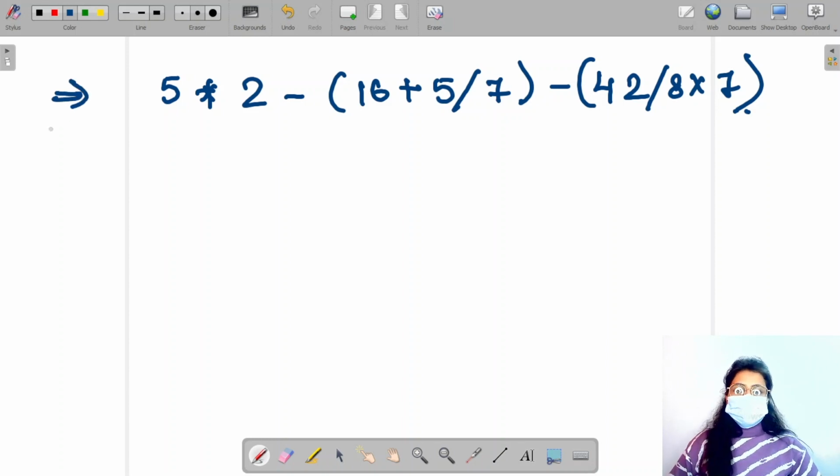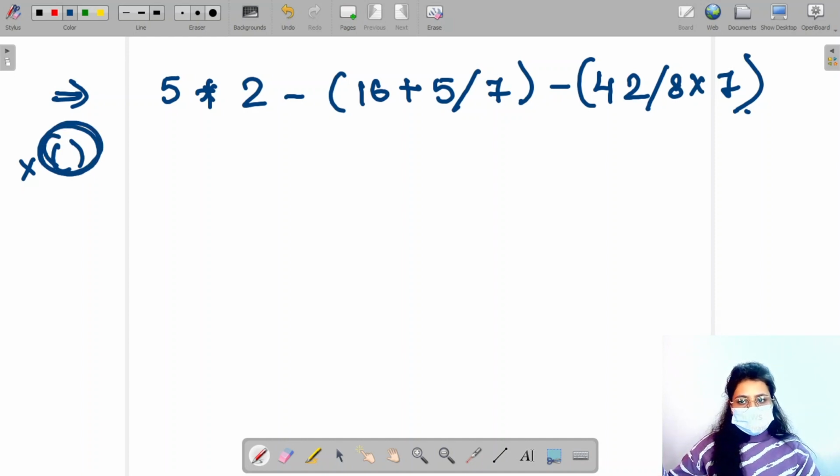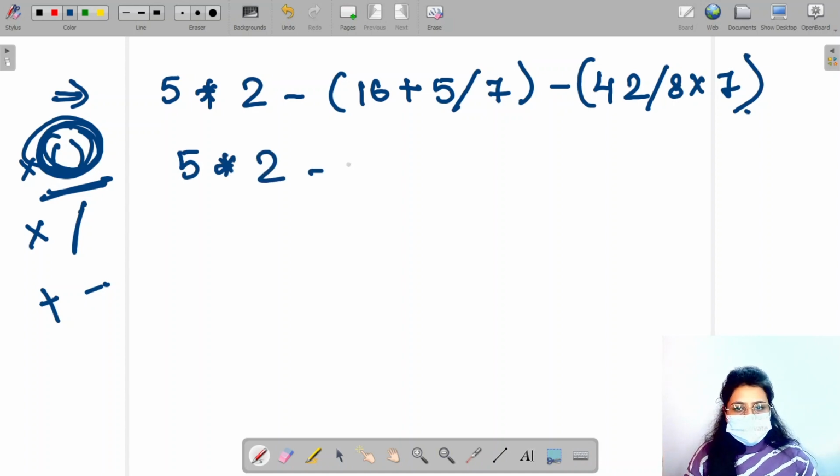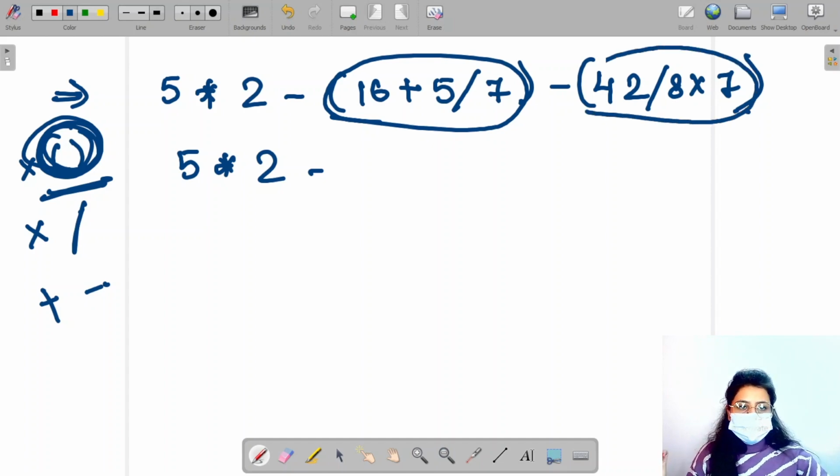We know that the opening and closing parentheses have the greatest priority, higher than the multiplication and divide operators. Then plus and minus operators will come, right? For the opening and closing parentheses, we will keep them all on hold. First we'll calculate this, then we'll calculate this, right? So opening and closing parentheses first, then we'll calculate the divide and multiply ones.